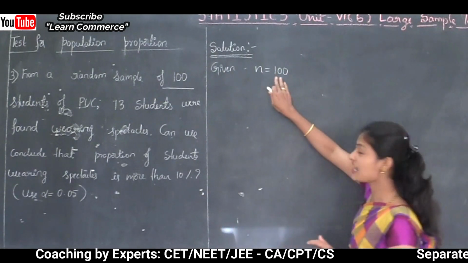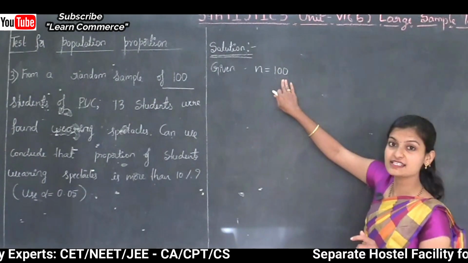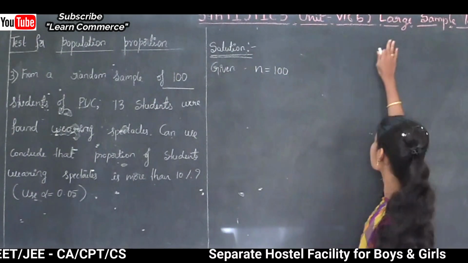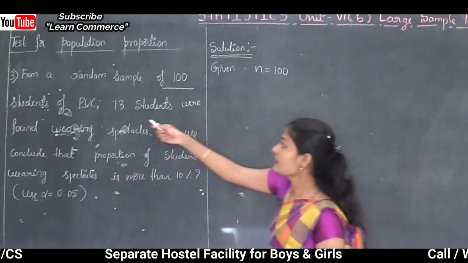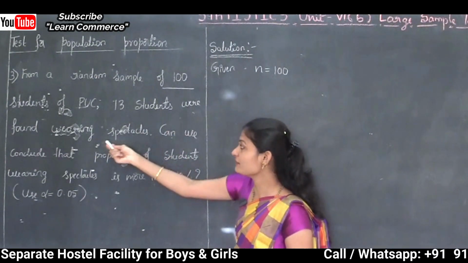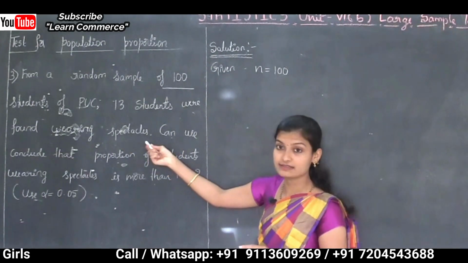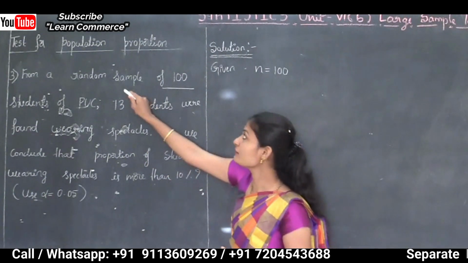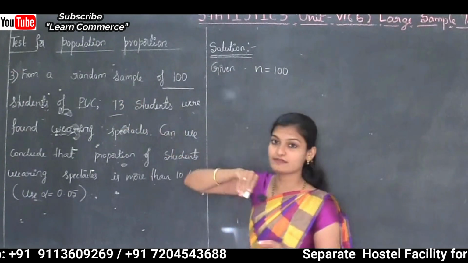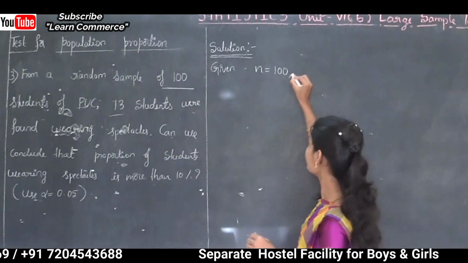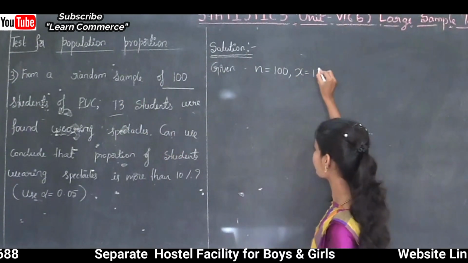This sample size is more than 30, so this is a large sample test. And 13 students were found wearing spectacles, in the sense out of 100, 13 students wear spectacles. So we can write x is equal to 13.